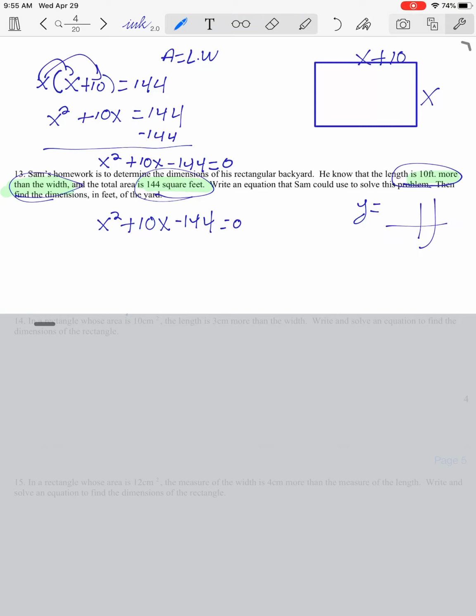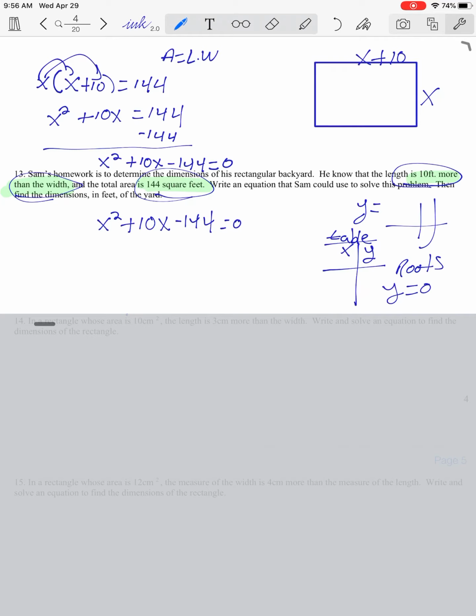It's only going to pass in one spot. So what you have to do is look at the table. I always know that the roots are when y is 0.